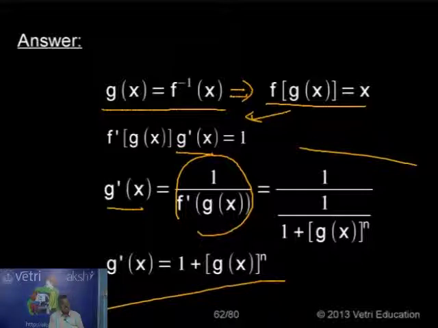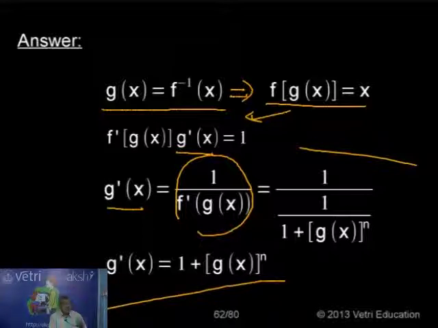Differentiating, f'(g(x)) times g'(x) is equal to 1, because the right hand side x gives 1. So g'(x) is 1 over f'(g(x)). Using the definition, f'(x) is 1 by 1 plus x power n, so the denominator f'(g(x)) is 1 by 1 plus g(x) power n. Therefore 1 plus g(x) power n goes to the numerator, and g'(x) is 1 plus g(x) power n.